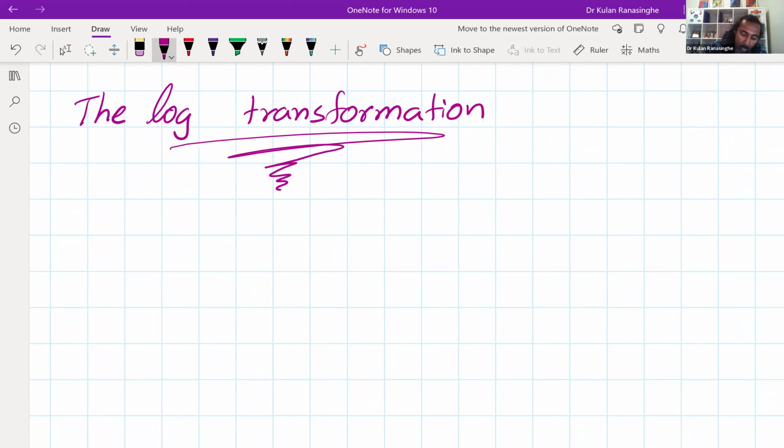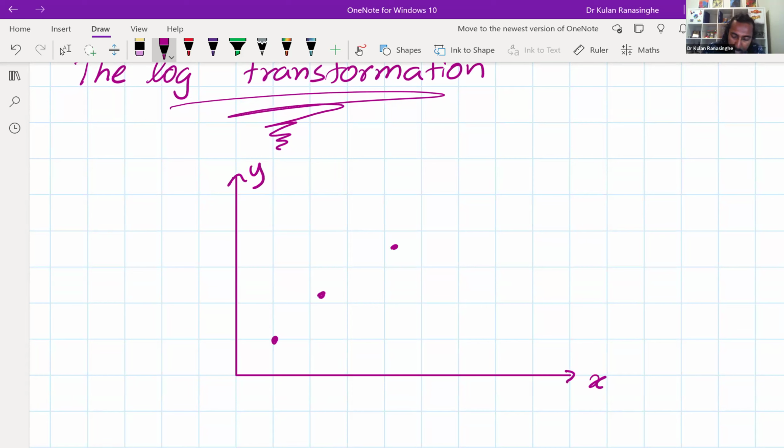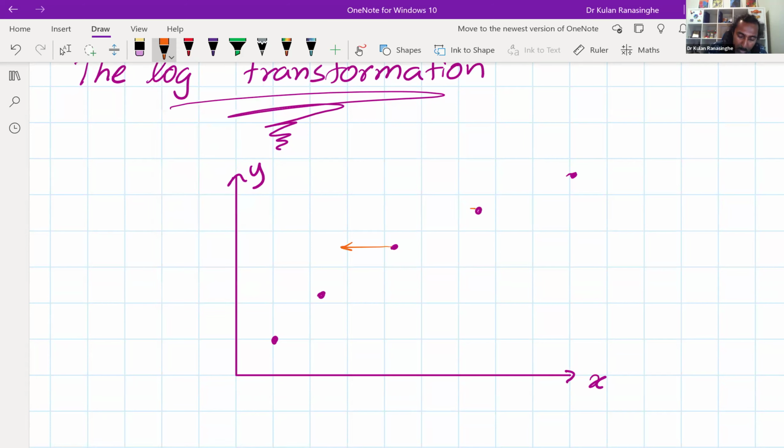What does that mean? If you have a scatter plot where they are scattered that way, then you can push them nicely into the smaller values so that they align nicely using log. So this is log 10x. That is a log transformation.